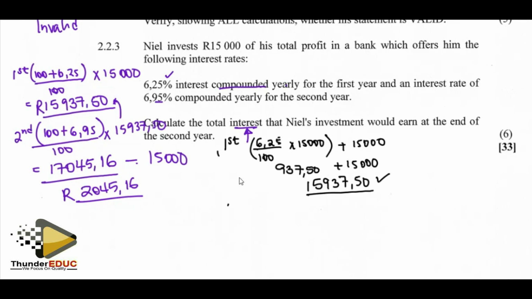Then second year, the person now takes 6.95 over 100 times the money which was there in the first year plus.